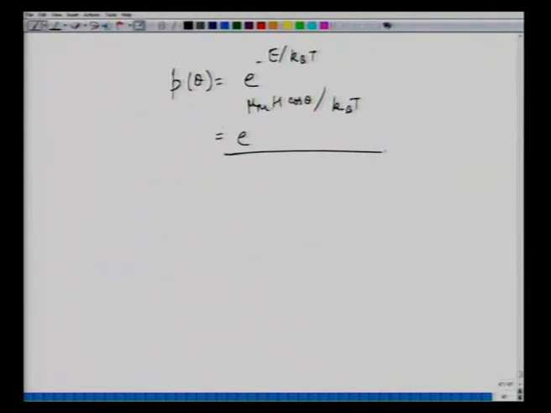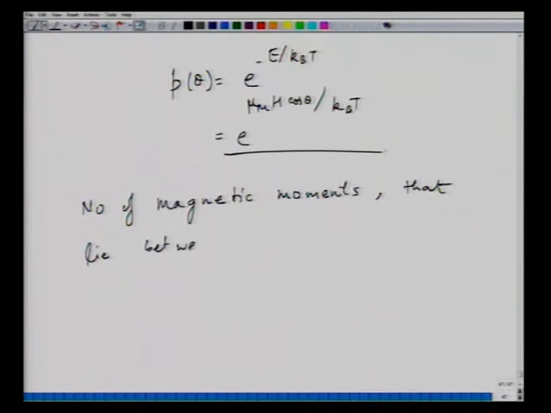So the number of magnetic moments that lie between theta and theta plus d theta with respect to H, we take this fractional surface area of the surrounding sphere.